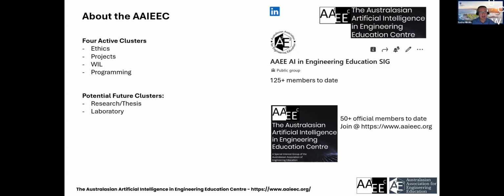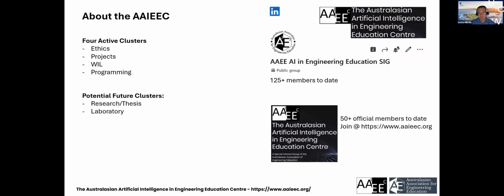So AAIEEC, or A squared I, E squared C, is a special interest group of the Australasian Association of Engineering Education. We were formed in December, and we currently have 4 research clusters looking at ethics, project, work integrated learning, and programming. Hopefully in the future, as the membership grows, there are potential for a research thesis cluster and a laboratory cluster.